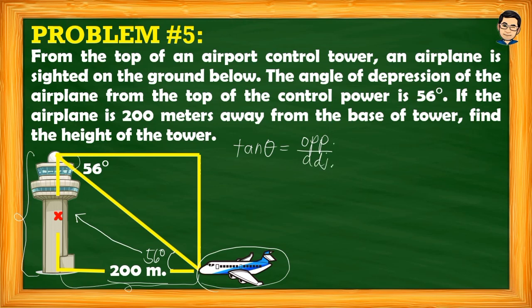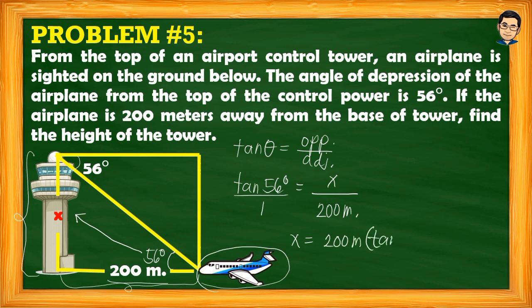So, yung given angle natin, 56 degrees, that will become tangent 56 degrees equals, yung opposite natin, ito po yung nawawala, so, that is x over yung adjacent side natin measures 200 meters. Ano ang next natin? Cross multiply. So, ang mangyayari ganito. X is equal to 200 meters times tangent 56 degrees.